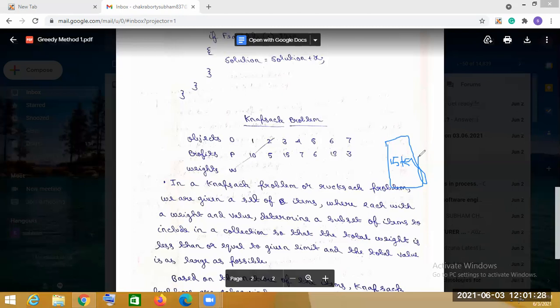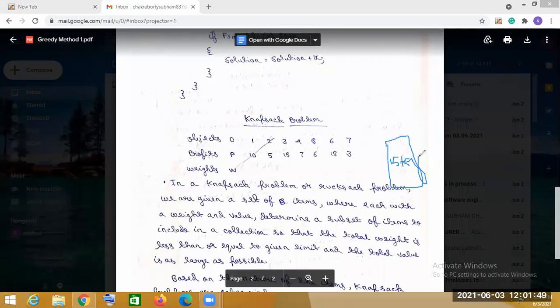Then how can we choose which element we will put in the bag or which element we will reject? Now there is a trick: we have to choose such elements that, by taking their weights, we get the maximum profit.